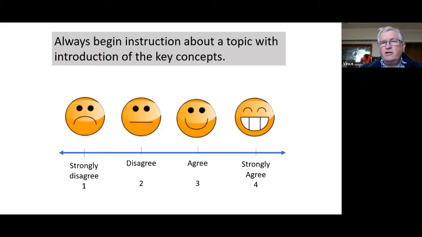Always begin instruction about a topic with the introduction of the key concepts. So if you were to start with place value, you would do something about the structure of tens and ones, or whatever size numbers the kids are working with. How would you feel about that? Where would you locate yourself on that Likert scale? Would your response vary depending on the topic?